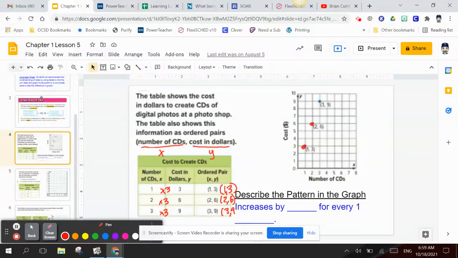So again, I start at 0, I go over 3 to the right and up to 9. So if we have to describe the pattern, what's the pattern doing? Well, it's increasing by $3 for every one CD. So that's why we got the $3 here. It increases by $3 each time for every one CD.